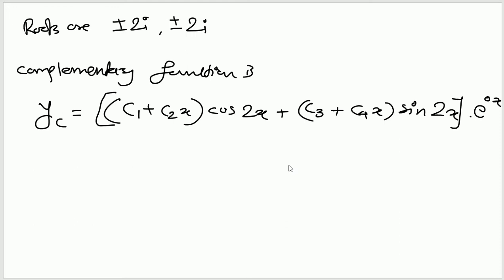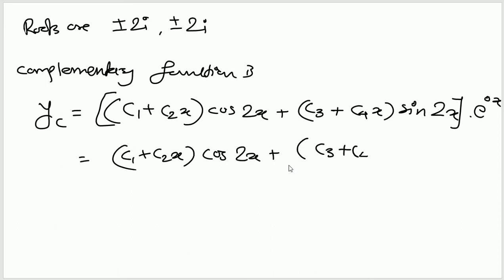Okay, which is same as (c1 + c2x) cos 2x + (c3 + c4x) sin 2x. So this is yc for this differential equation. We got 4 complex roots, okay, +2i twice and -2i twice. So this is a complementary function. So this is how we can find complementary function for complex and repeated roots.